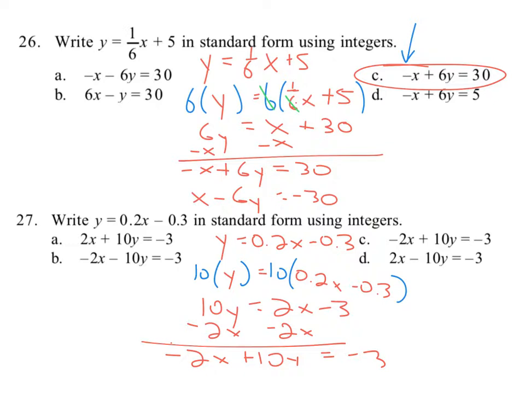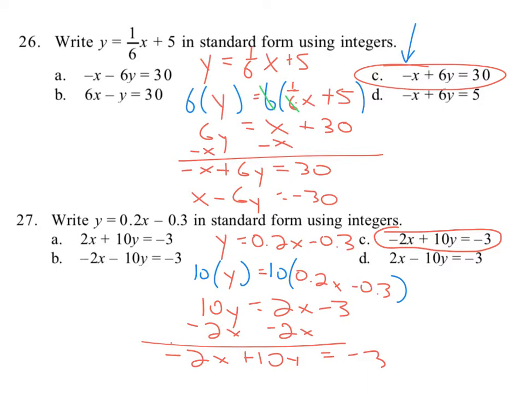And as I said, this particular program doesn't require the leading coefficients to be positive, so you will see this. Okay, so if you can't find your answer, look and say, did they just not change the leading coefficient to be positive?